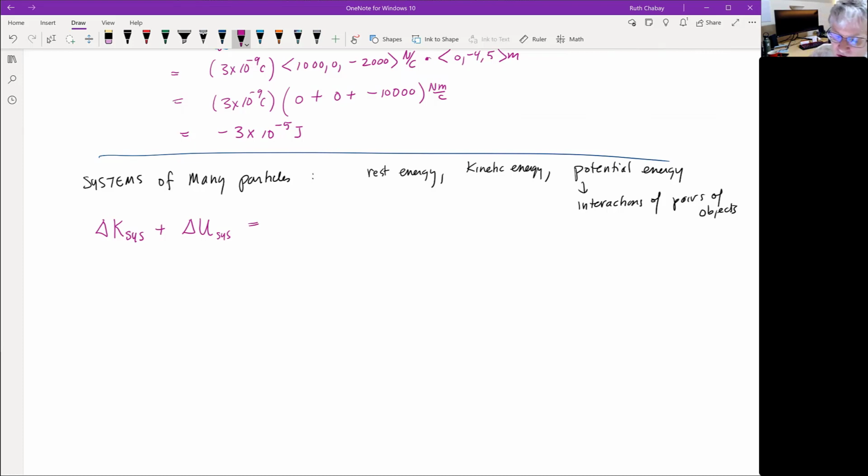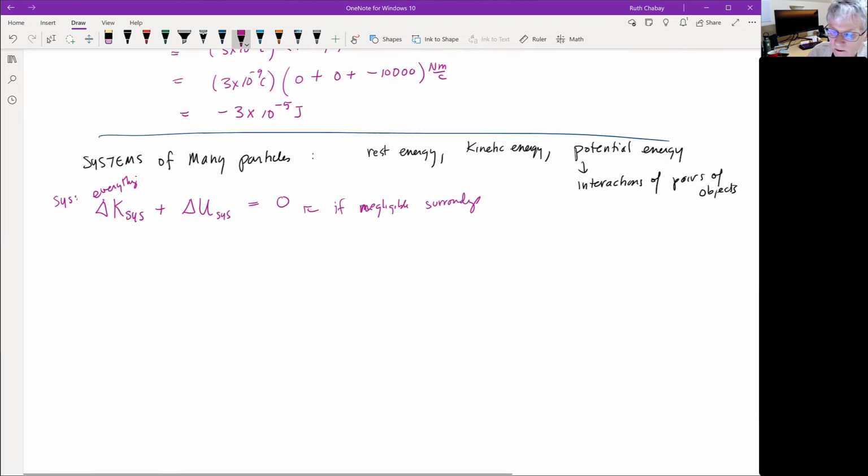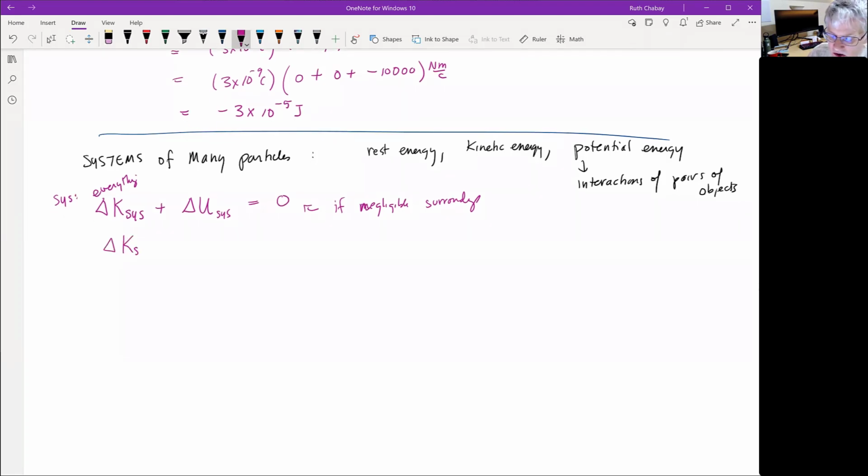And if we choose system everything was common, then that was zero, if negligible surroundings. And delta K system plus delta U system is work done by the surroundings if it's not negligible.